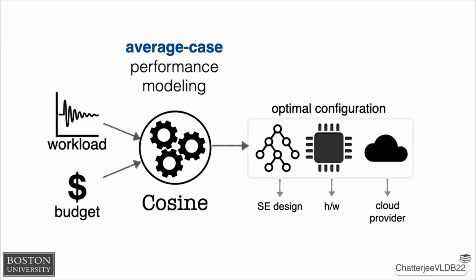So now, if we have more faithful modeling about what the cost of our operation is, we can have a better estimate about how I should spend my budget, and then get the best design, the best hardware that my budget can buy, and then maybe even the best provider according to the different prices that every provider has.